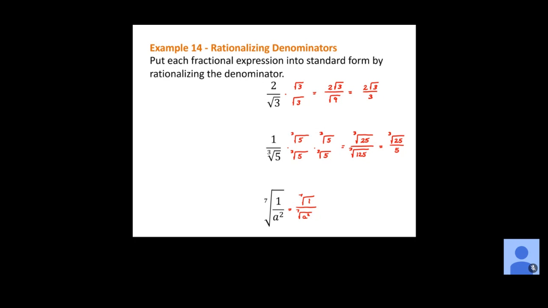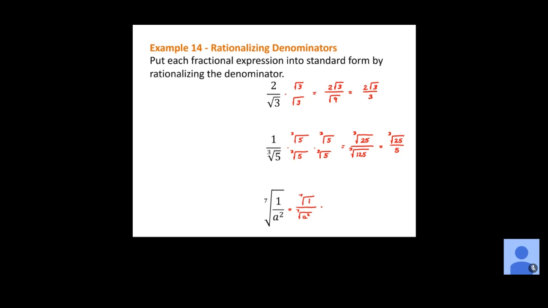Well, remember with the cube root of 5, we had to multiply by the cube root of 5 and the cube root of 5 to end up with 3 total cube roots there. Well, similarly, we have the 7th root of a squared here. I need to make sure I have 7 a's so that I can actually take the 7th root. Now for this one, that doesn't mean that I have to multiply by 6 more seventh roots of a squared.